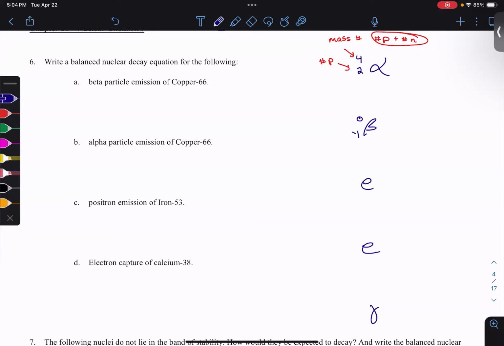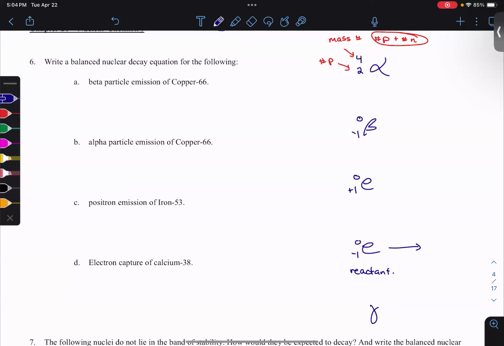Next, we have positron emission. So a positron is like an electron, but just with a positive charge. Again, originates from the nucleus. And then electron capture. So this is an electron. So it has no mass and a -1 charge. But the difference here for electron capture is that it's a reactant.